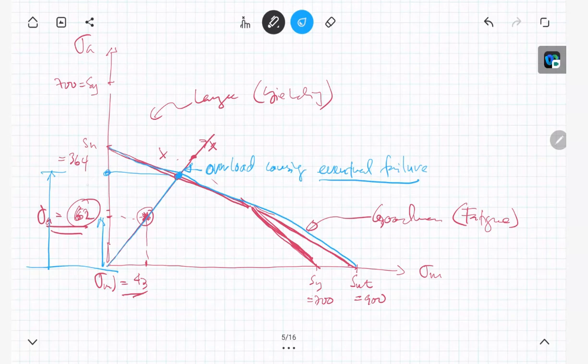So let's say this value is y1 and that is y2. The safety factor is equal to y1 over y2, using the graph.